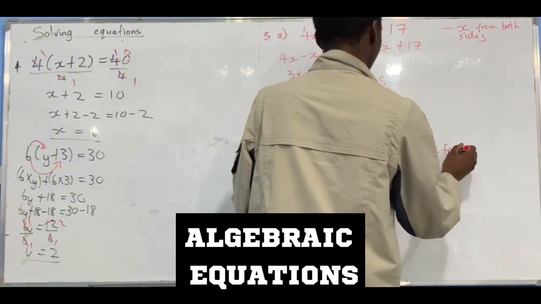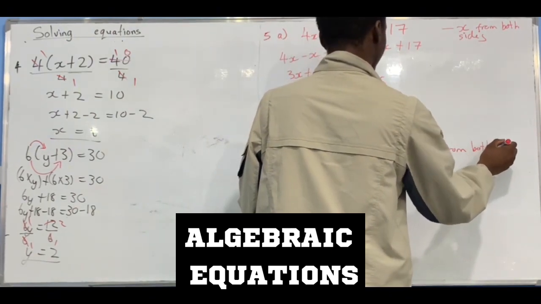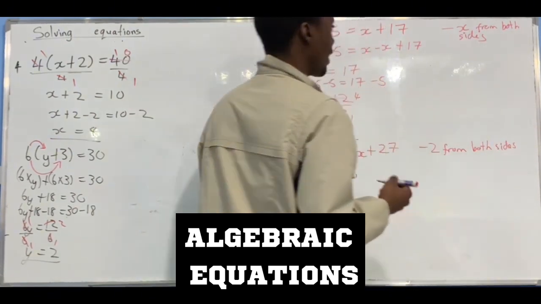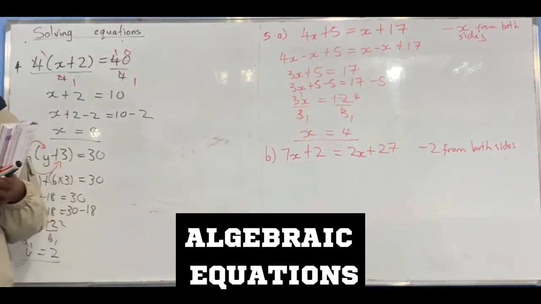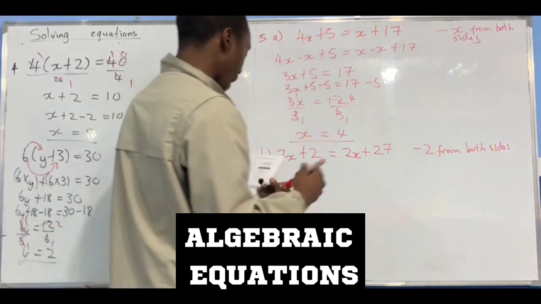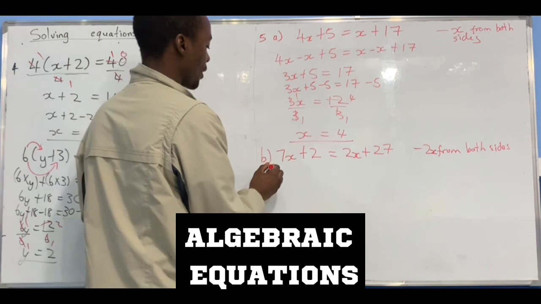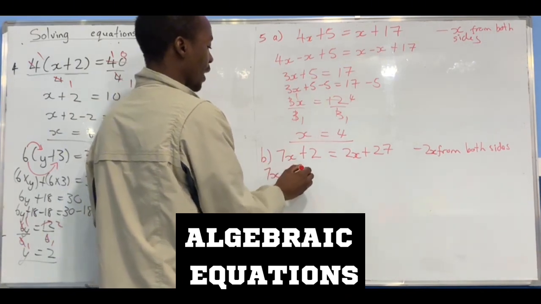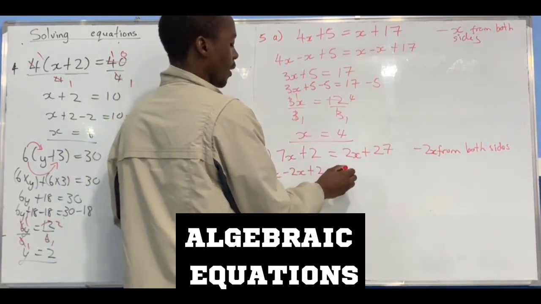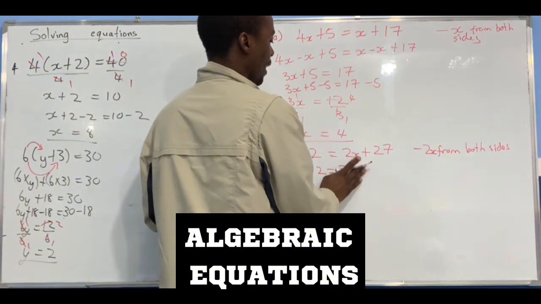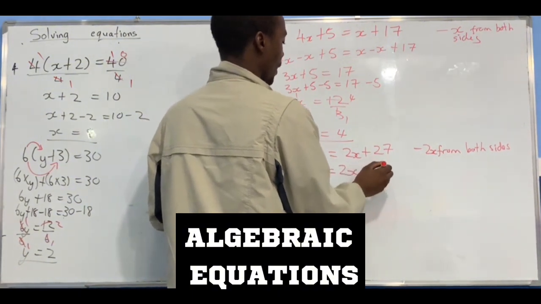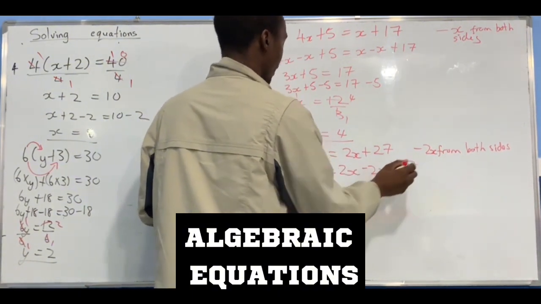Alright, so we're going to try out another one using hints from the question. In this case, we're asked to calculate 7x plus 2, which is equals to 2x plus 27, and then we're asked to subtract 2x from both sides. So it will be 7x minus 2x plus 2 is equals to 2x minus 2x plus 27.